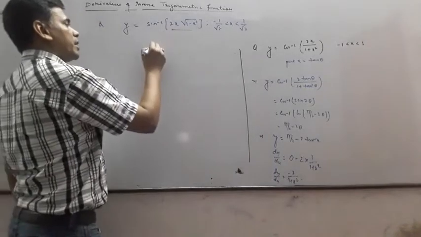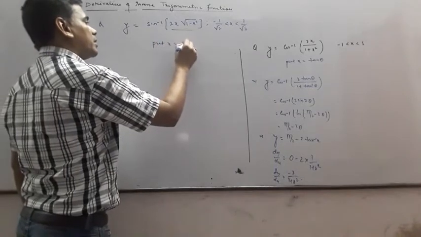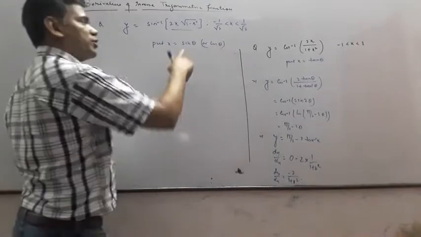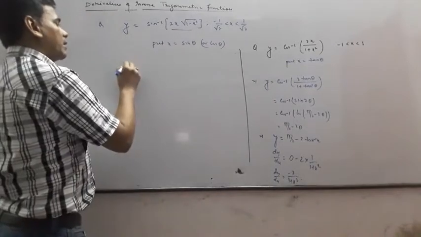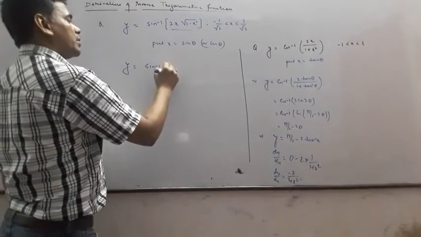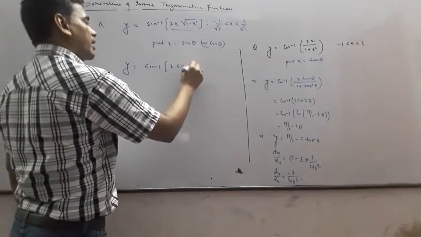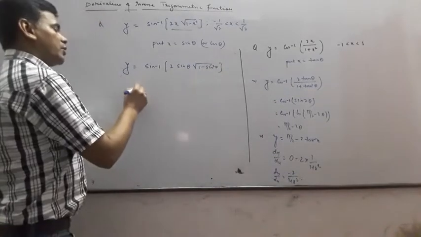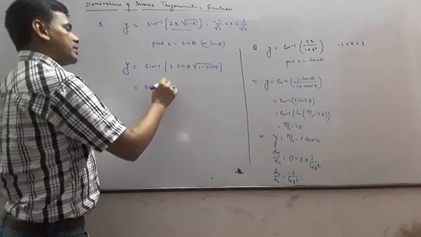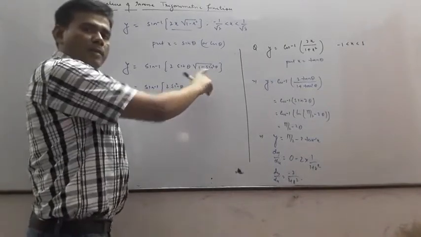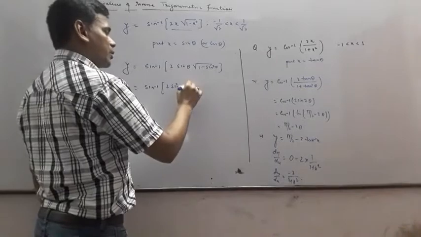So you have to put x equal to sin theta or cos theta. I am supposing sin theta. Substituting sin theta, y equals sin inverse of 2 sin theta under root of 1 minus sin square theta, and you know 1 minus sin square theta means cos square theta.